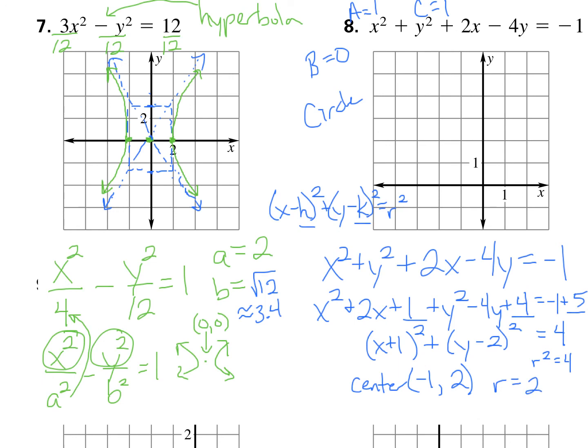So now I've got all the information that I need. Negative 1 comma 2 for my center, and a radius of 2, so I go up 2, right 2, down 2, and left 2, and then sketch my circle that goes through those points. And hopefully yours looks a little bit better than mine, and you're done.